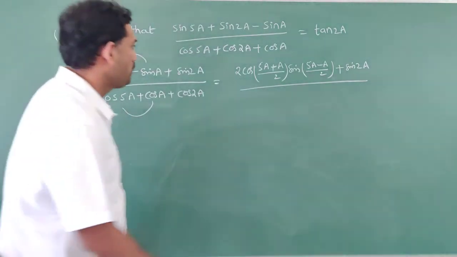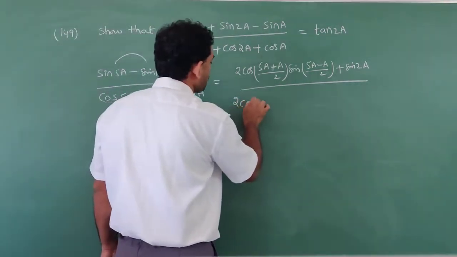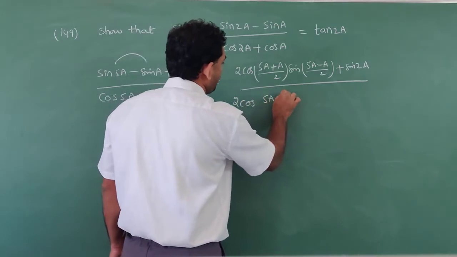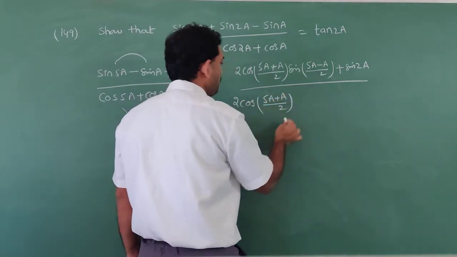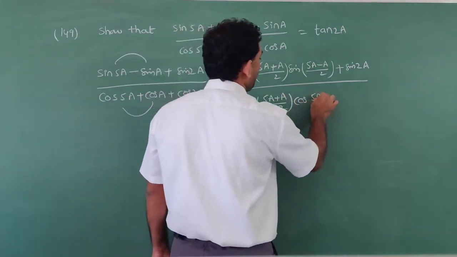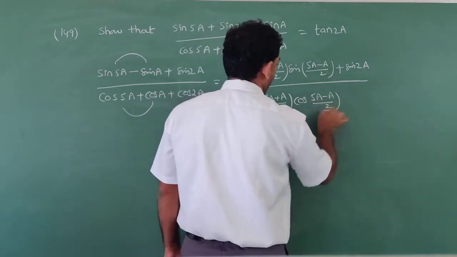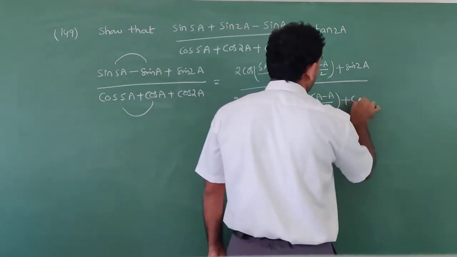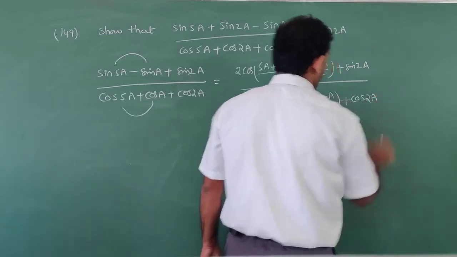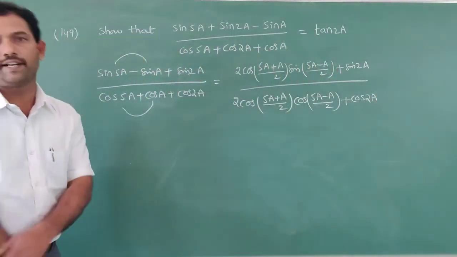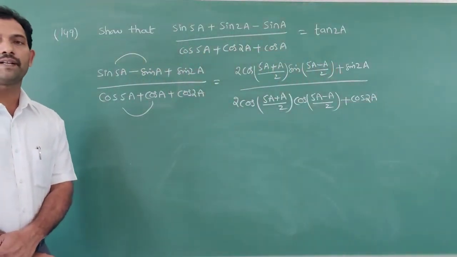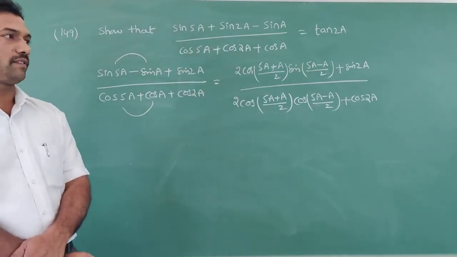The formula is 2 cos (5a plus a) divided by 2, cos (5a minus a) divided by 2, plus cos 2a. Understand? We applied the transformation formulas in that.